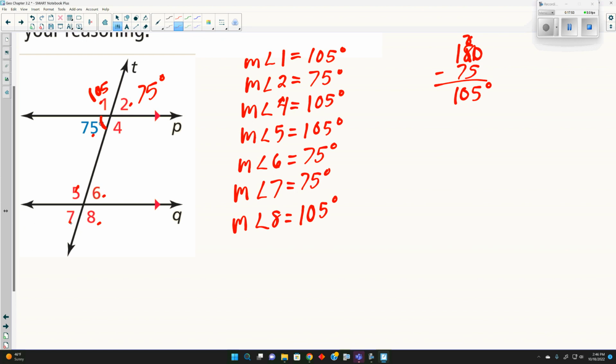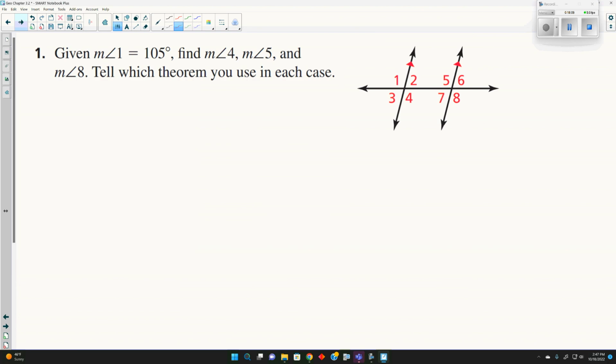I haven't had to physically measure anything. That's what's nice about geometry. The more we dig into these theorems and postulates, the less information we need to solve the rest. Questions on this here? Do we feel comfortable with this?